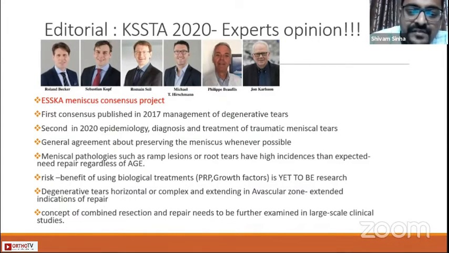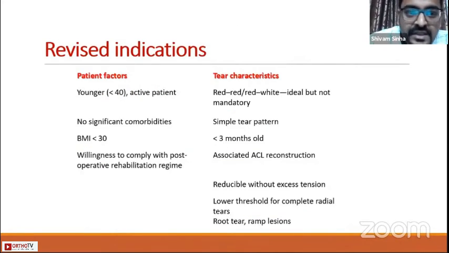And there is a concept of combined resection and repair. This is the part which needs to be conservative in resection and more towards repair. So the revised indications are like patient factors. Patient has to be active. Age is just a number. The patient can be active, but has to be compliant, has to have a BMI less than 30 and no significant comorbidities.